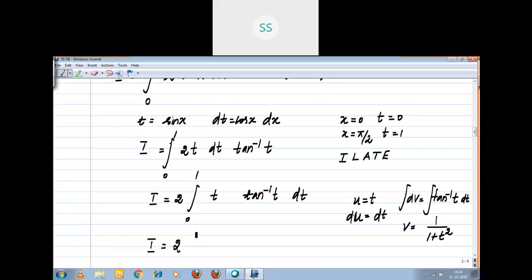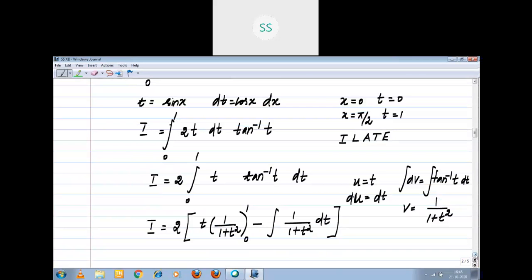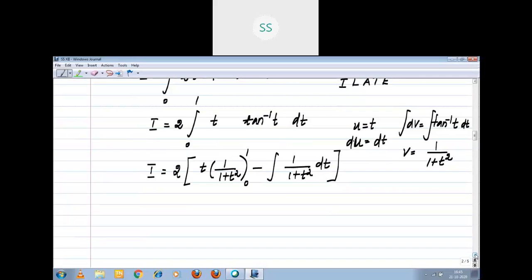Now I equal to 2 into uv, that is t into 1 by 1 plus t square, from 0 to 1, minus integral of 1 by 1 plus t square dt. The second one represents your standard format: dx divided by x square plus a square, with a equal to 1, equals tan inverse x.